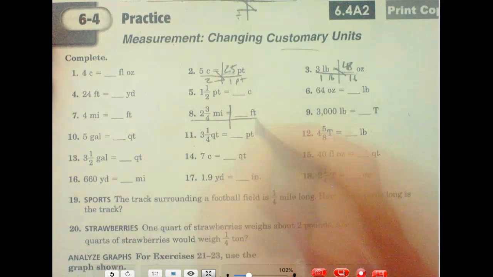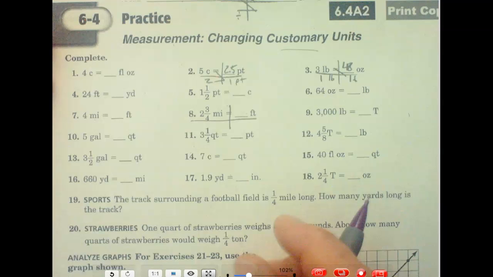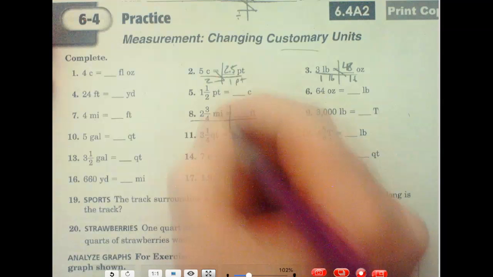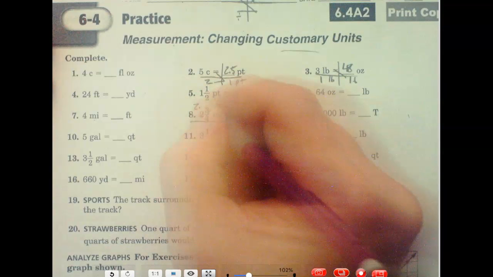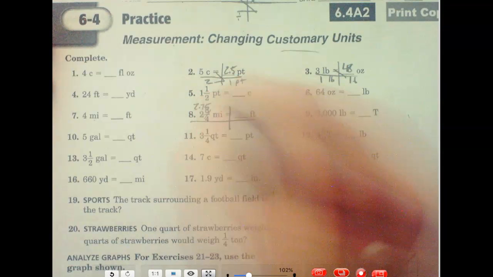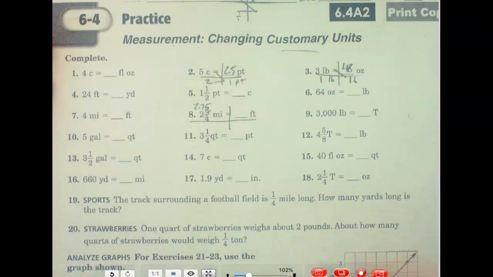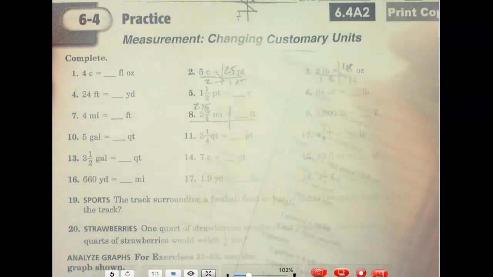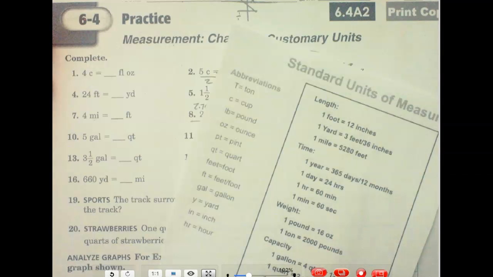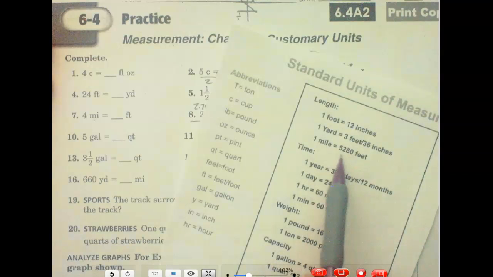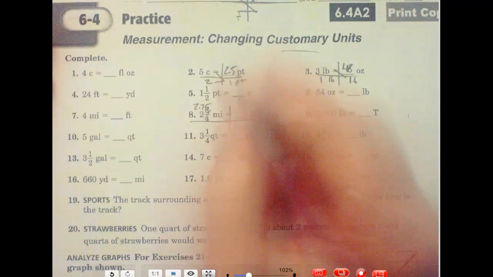Number 8, 2 3/4 miles is how many feet? Well, you change this into a decimal, and we're going to call this 2.75. And we are just going to multiply. So we've got to put our cheat sheet out again. We'll find out that 1 mile is 5,280 feet.